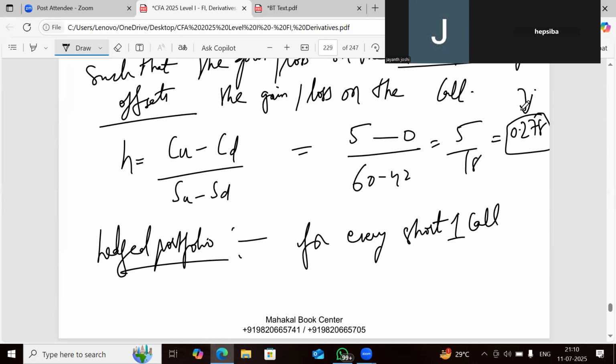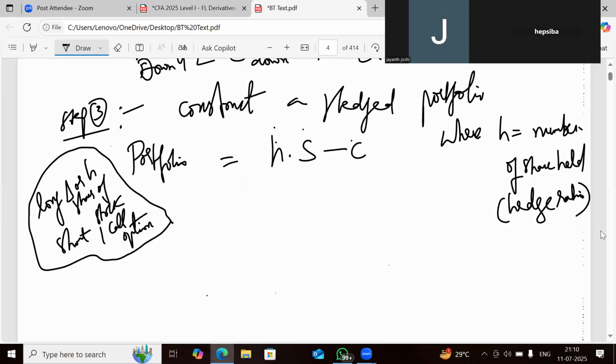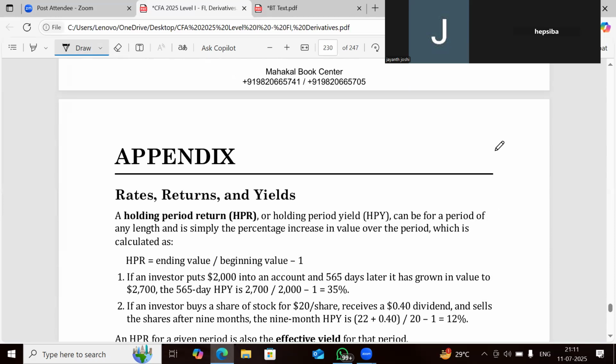Okay, let's say I simplify it. Let's say it is 0.33.